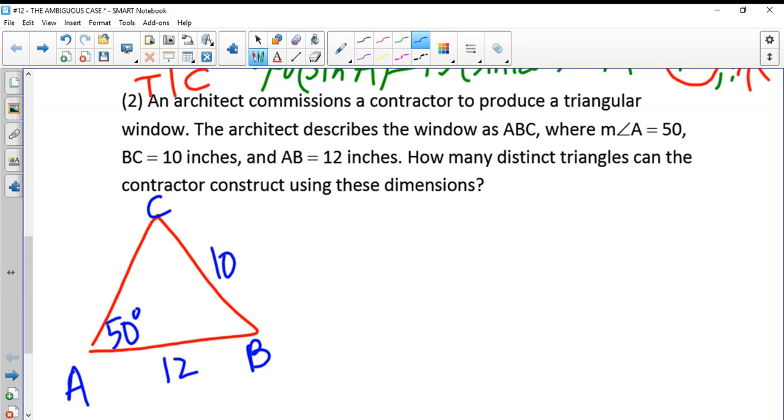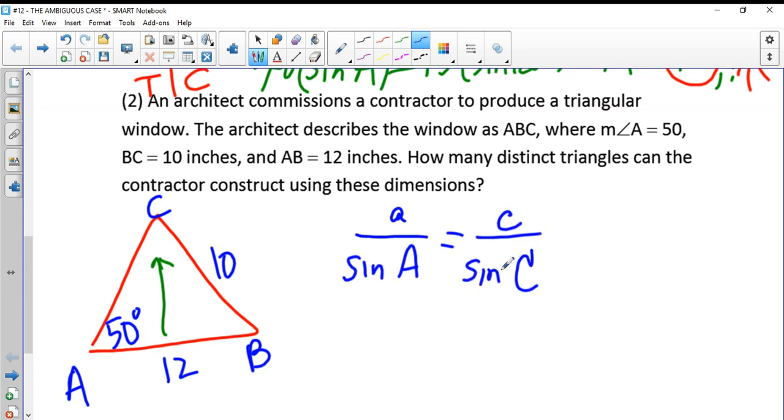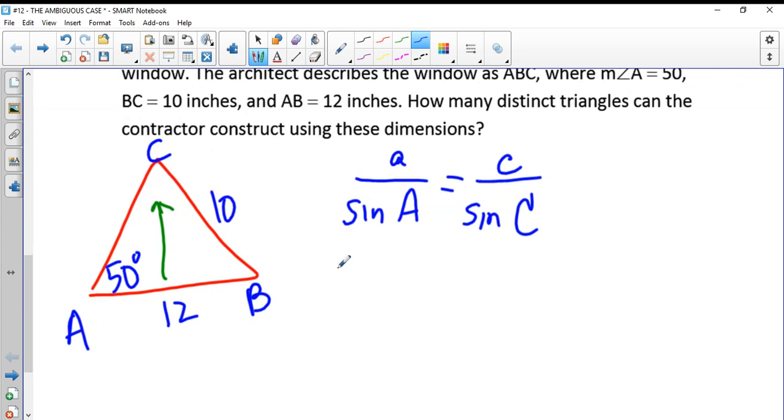So let's see what we can calculate given this information. So we have a side and an angle opposite each other. Right off the bat, that tells me I can use law of sines. And from what I have, because I know this side over here, I know 12, then I can figure out the measure of angle C. So what we're going to have to set up is that I know little a over sine A is going to be equal to little c over the sine of capital C. And then we're going to plug in and see again how many different triangles can we make.